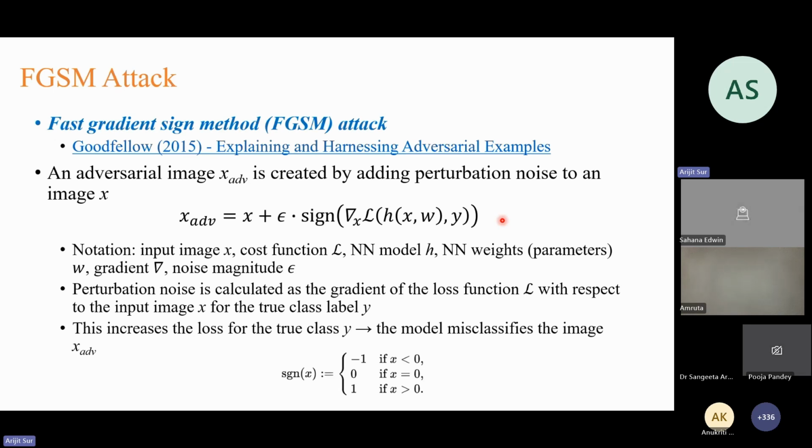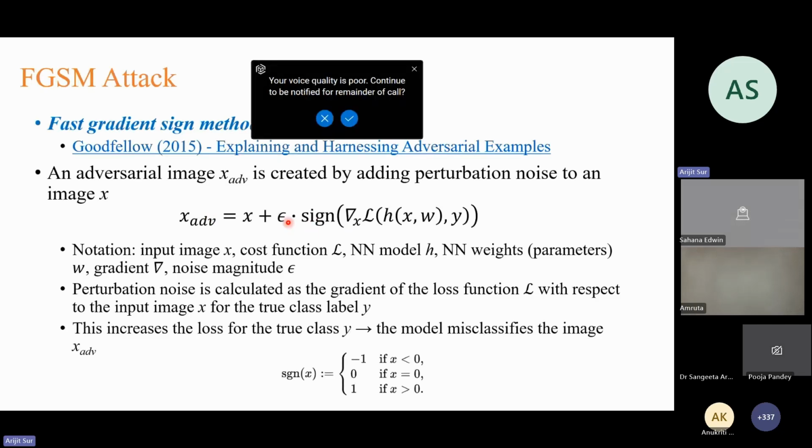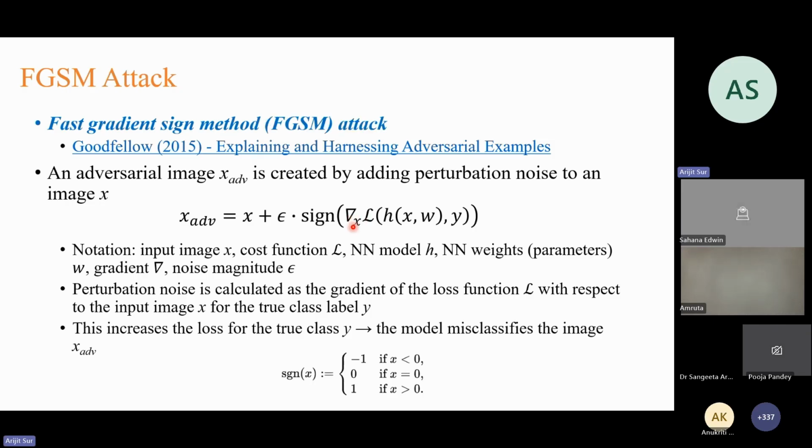What they are doing is designing the adversarial image in this way: epsilon times the sign of the gradient of this loss L, the difference between h of x, where h is the model function, you can also call it the hypothesis, and y, the target output.